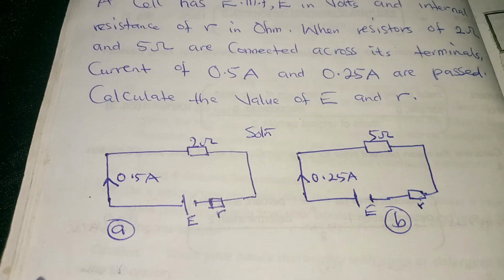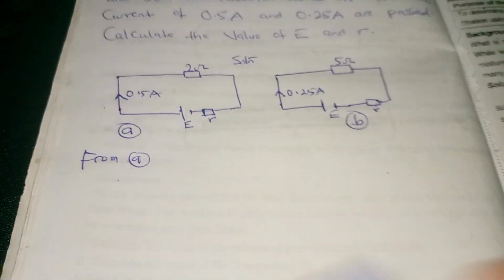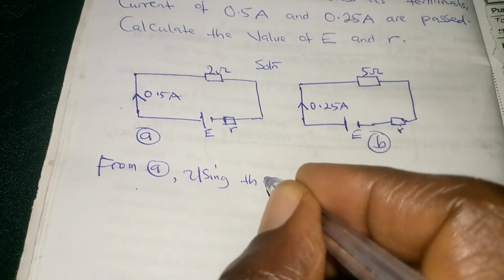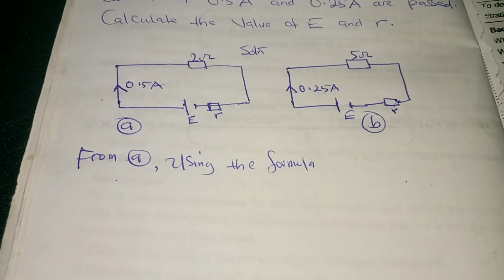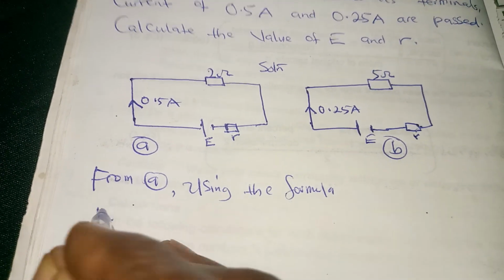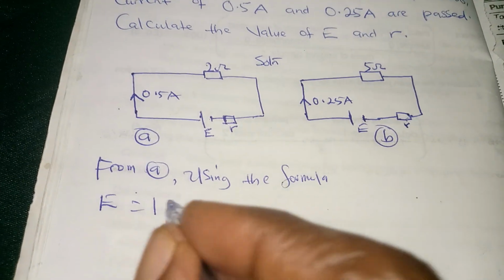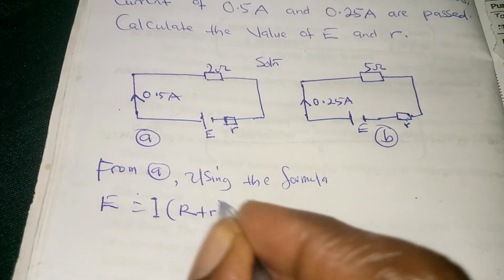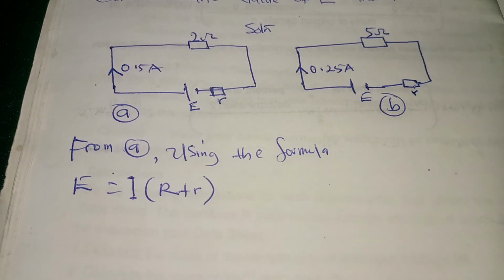Using the formula from A. The formula that really fits into this question is E equals I, which is my current, into R plus r.